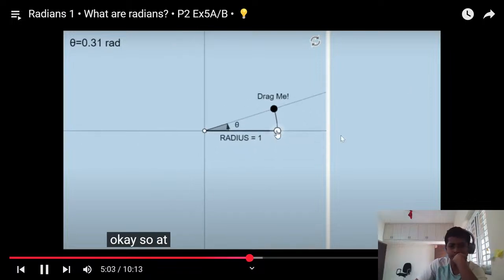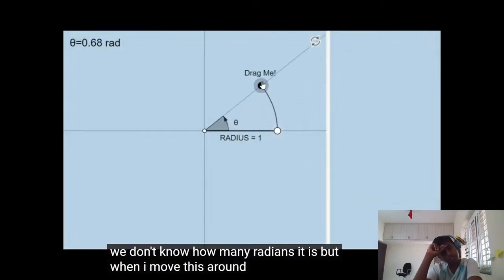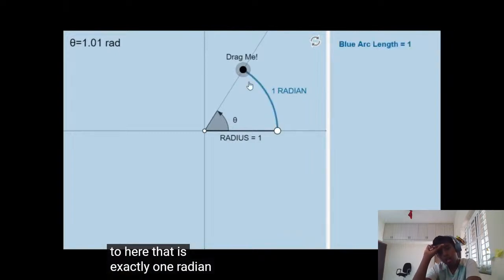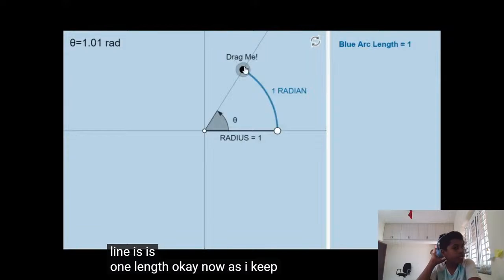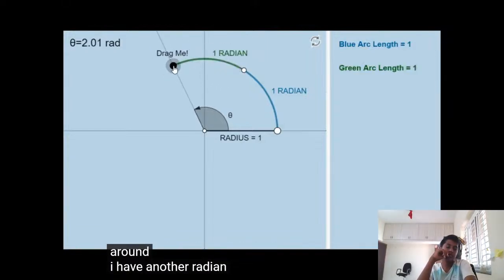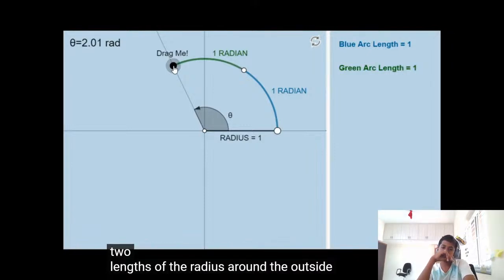Okay, so at the moment, this angle theta, we don't know how many radians it is. But when I move this around to here, that is exactly 1 radian, because this blue line is 1 length, okay? Now, as I keep moving it around, I have another radian, because it's now 2 lengths of the radius around the outside.